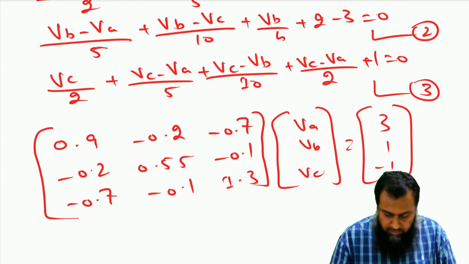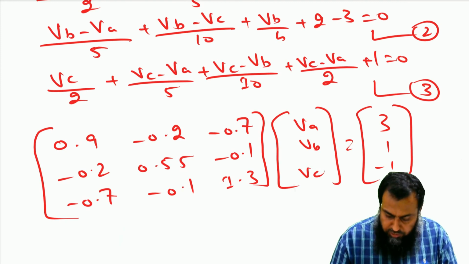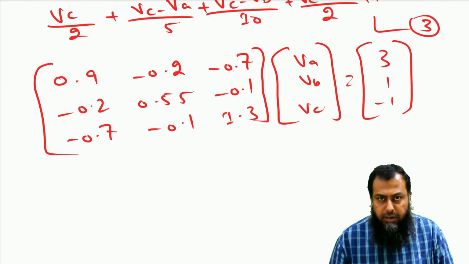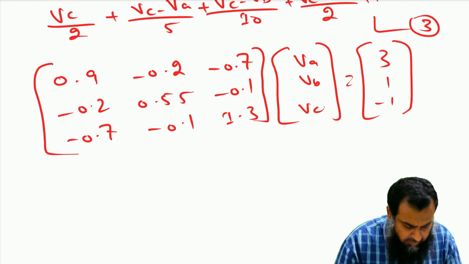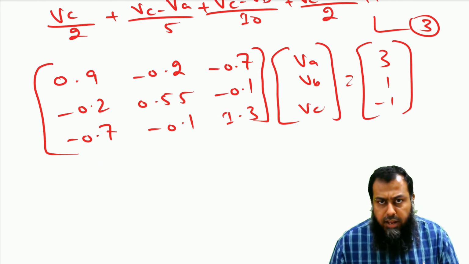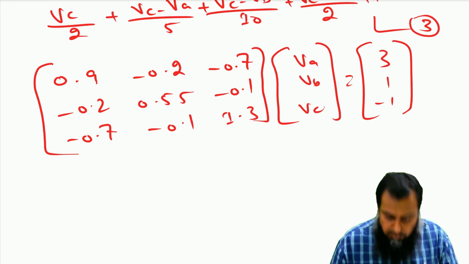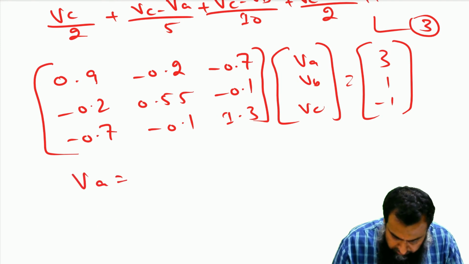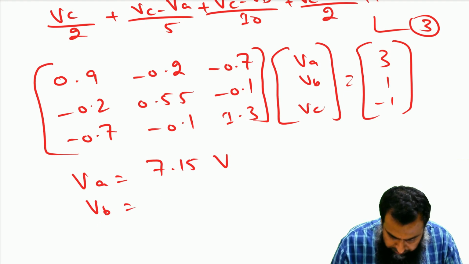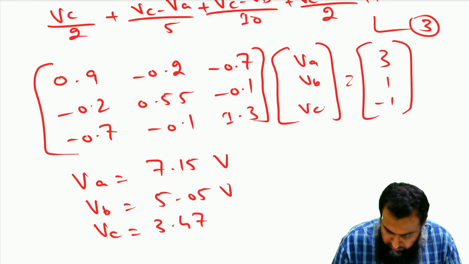And if I solve these three equations using the Cramer's rule or any matrix method, applying the Cramer's rule or directly going through the calculator version, I will get VA equals 7.15 volt, VB equals 5.05 volt, and VC equals 3.47 volt.